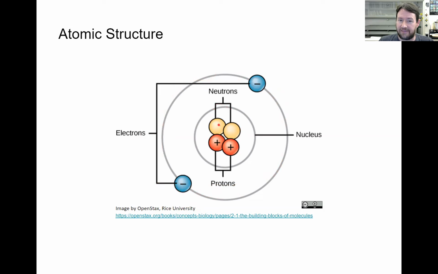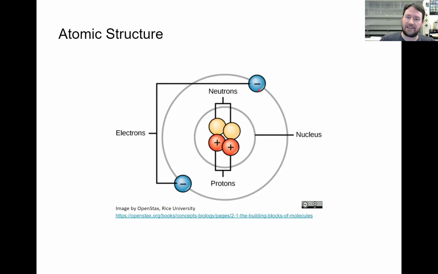So the nucleus is going to have neutrons and protons. Those are the subatomic particles, which means smaller than an atom, right? The protons are positively charged and have a mass of 1 atomic mass unit, or 1 Dalton, if you prefer that. Neutrons, as their name implies, have no electric charge, but they also have a mass of basically 1 atomic mass unit, or 1 Dalton.